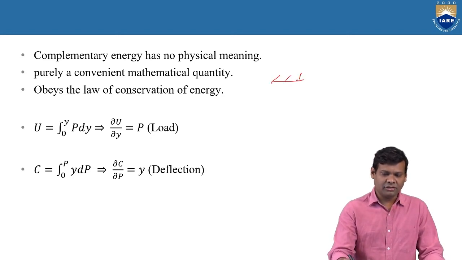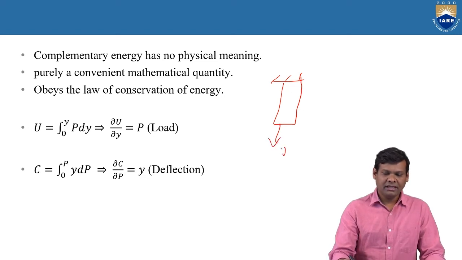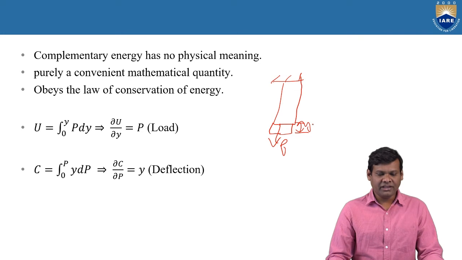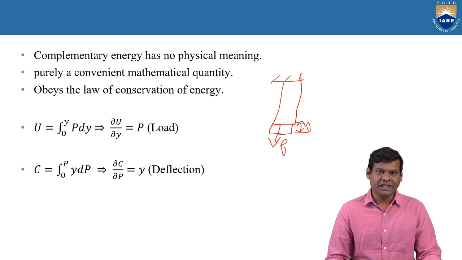When we take a rod and apply a load P, it is extended by a length of Y. What we can deduce is that U, the strain energy of the system, is the integral 0 to Y of P dy. When you partially differentiate with respect to Y, that is deflection, what we get is the magnitude of load P.